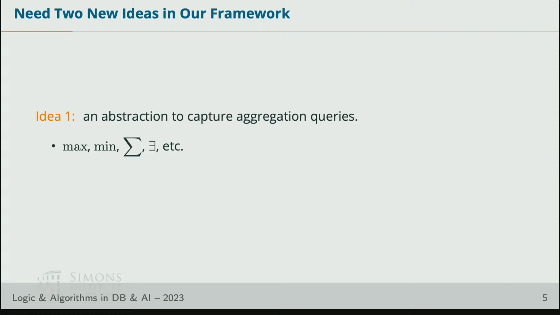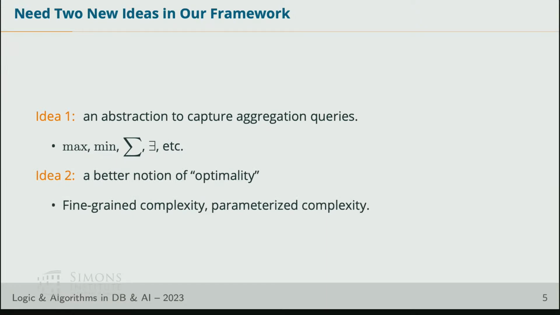And we cannot come up with a new algorithm for every new possible aggregation. So if there's an abstraction to abstract away all of those details so that we can focus on a generic class of queries, that'd be great. And idea number 2 is that we need a better notion of optimality, because worst case optimality does not make the cut, due to some examples earlier.